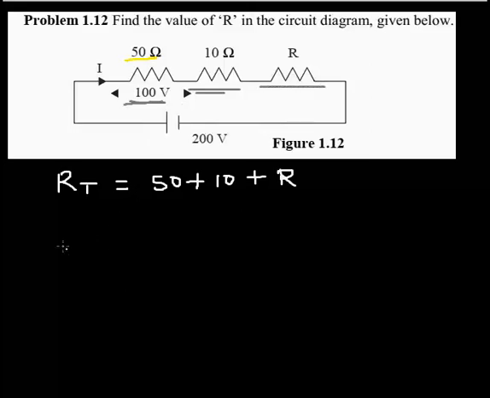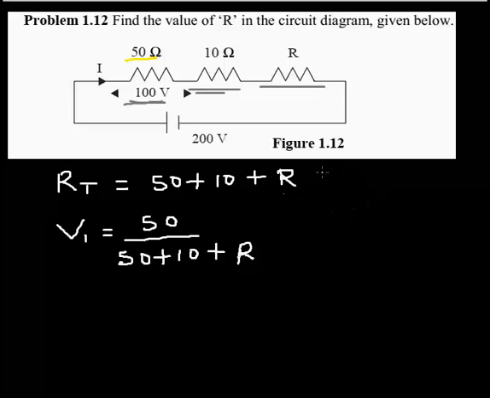So using voltage divider, V1, the voltage across 50 ohm, of course, is 50 divided by the total resistance, which is going to be equal to 50 plus 10 plus R, okay, that's the total resistance. And of course, we already know that R is what we are looking for, the unknown. So the voltage across V1 is 100.